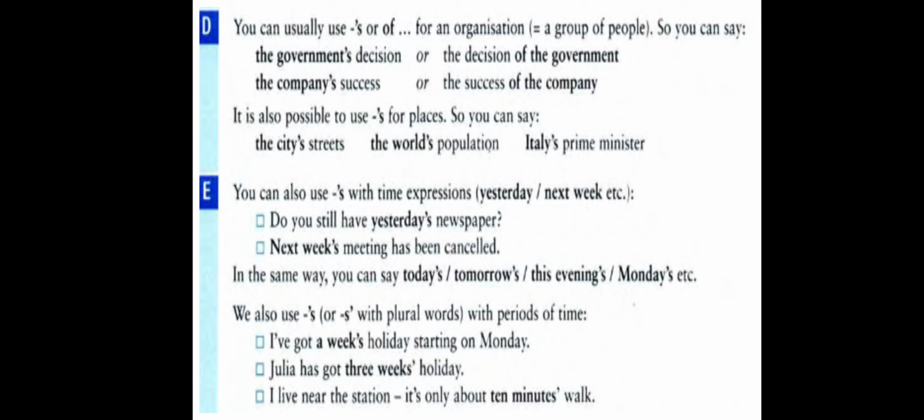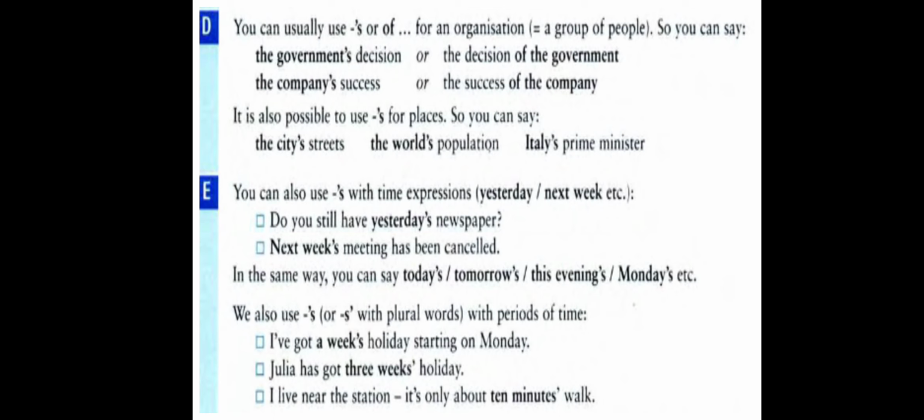Both are correct. It is also possible to use apostrophe plus s for places. So you can say the city's streets. City here is a place, so we use apostrophe plus s. The world's population, world is a place. Italy's prime minister, Italy is a country here, we use apostrophe plus s.